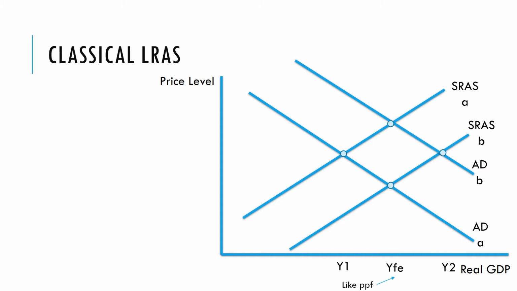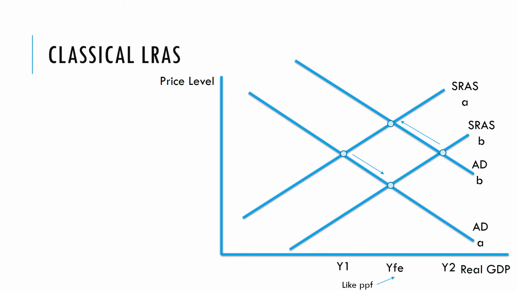So what we can start to see is that whenever we're either side of this level of output, prices will start to adjust for the factors of production, and that will force us back to this level. So when we were here, prices adjusted and we were forced to here. When we were over here, prices adjusted and we were forced to here. So there is constant pressure within the economy to use all the resources available.